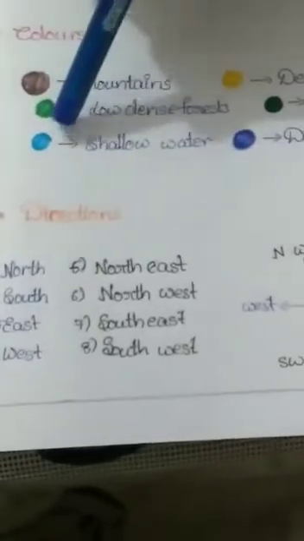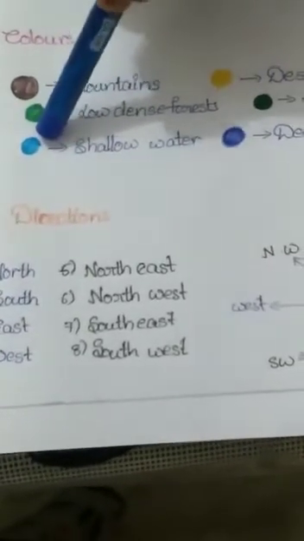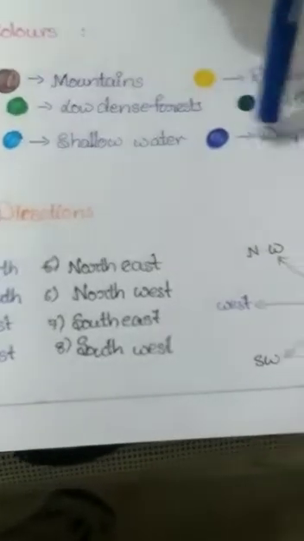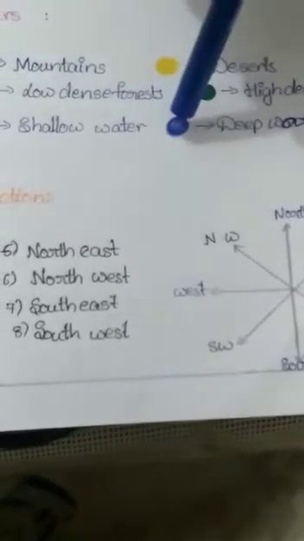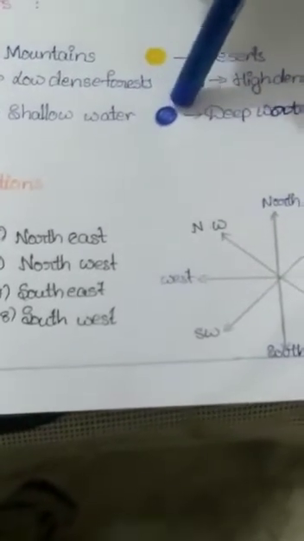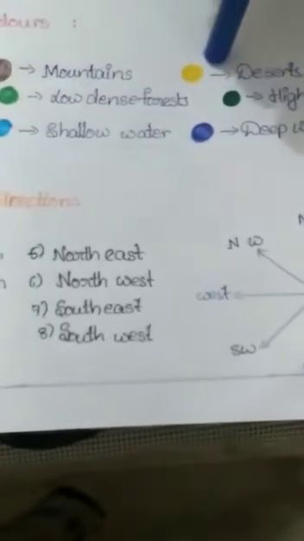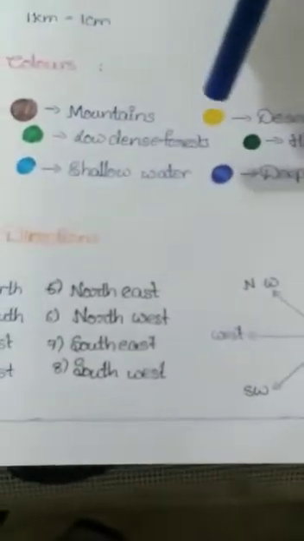The shallow water we show in light blue color, and the deepest areas of the water we show in thick dark blue colors. Just like this we use colors to make a map or to read a map.